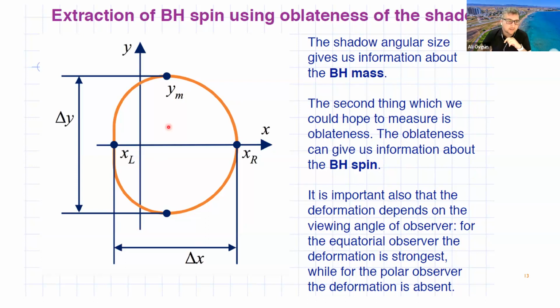As you see, this picture is not a full circle. It is also important that this deformation from the circle depends on the viewing angle of the observer. For the equatorial observer, the deformation is strongest, while for the polar observer, the deformation is absent. Also, this deformation depends on the spin.